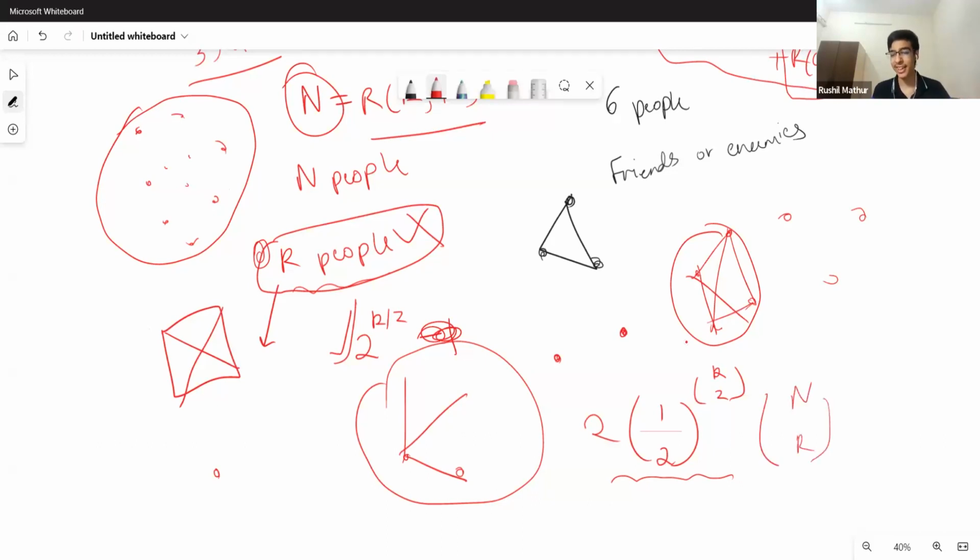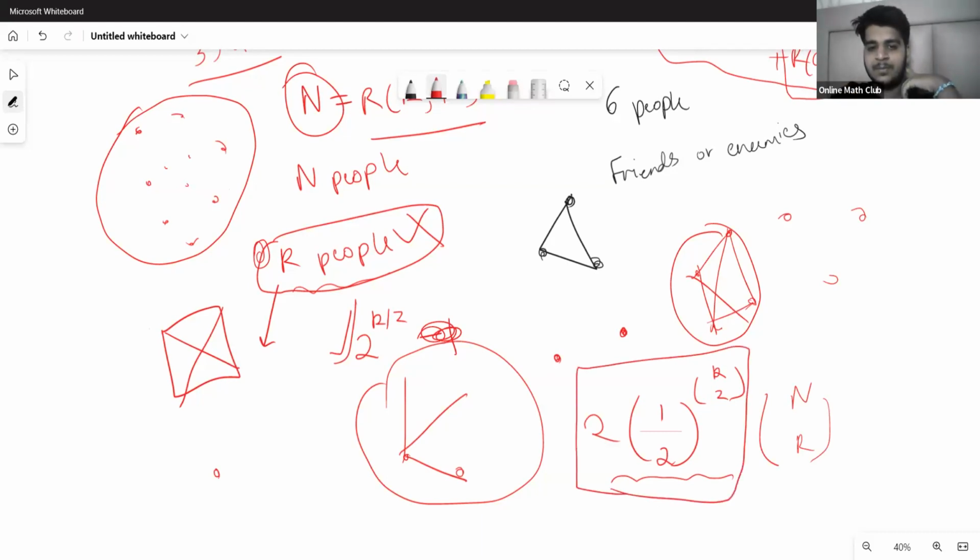Interesting. Let's say we multiply this by n choose k. What does this even represent for starters? This shows basically the expected number of K cliques which are good. This is the probability that a clique works, that the clique is a good clique. But do we want it to be good or bad? We want it to be bad.